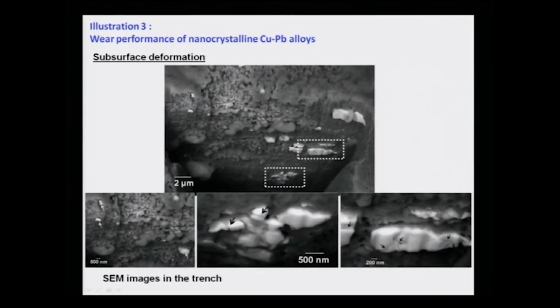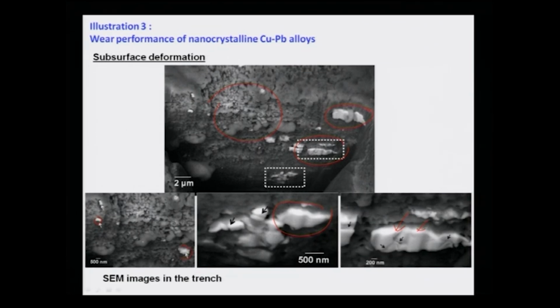Better images can be obtained if you see this trench in the scanning electron microscope. You can see the lead particles in white color and also the copper agglomerated grains. Leads are seen to be fractured in many cases, in some cases steps form on the surface of the lead, in some cases leads are small size particles, and in some cases they are agglomerated because of sintering.